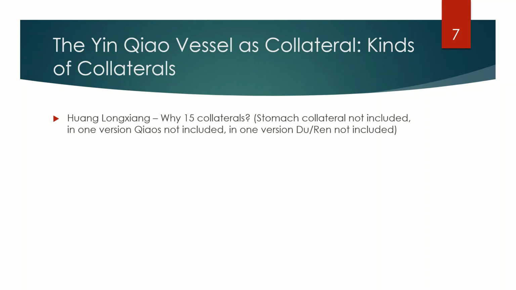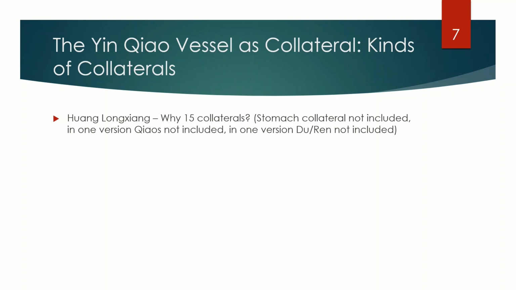But the collaterals, as they exist in the spiritual pivot and in the simple questions, are not limited to just these collaterals. Actually, Huang Longxiang, who I mentioned in the previous talk, is a historian of Chinese medicine in China, a very well respected one at that, says there are all kinds of collaterals mentioned in the Inner Canon, you can't really be just limited to these 12 or these 15.